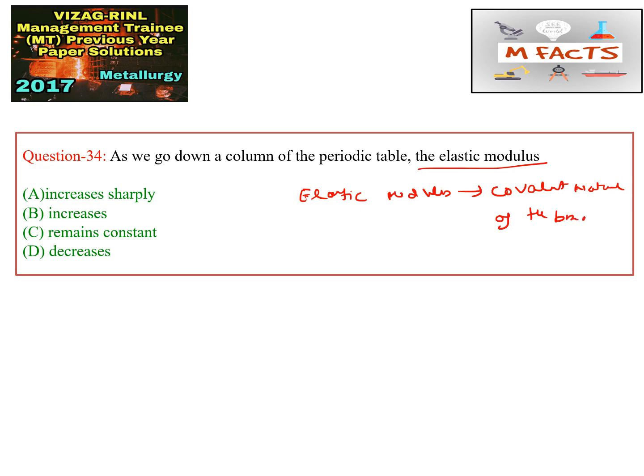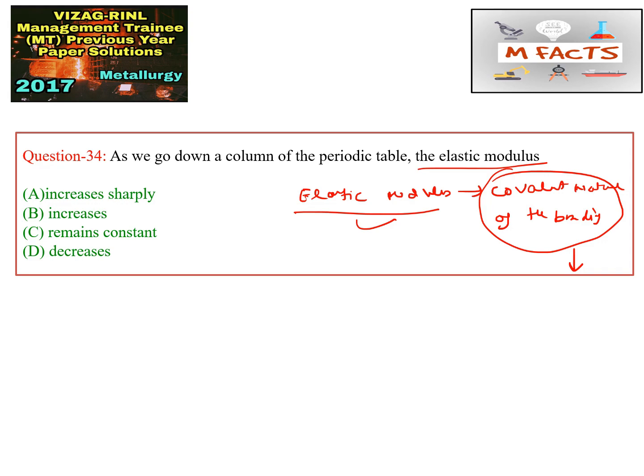So as we go down in any column of the periodic table, this covalent nature of bonding basically decreases, and the elastic modulus totally depends on it, directly proportional to the covalent nature of the bonding. So as the covalent nature of the bonding decreases, the elastic modulus also will decrease.